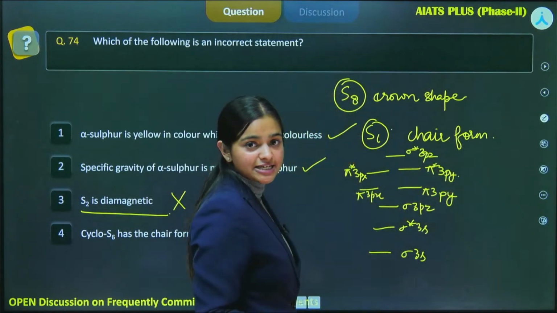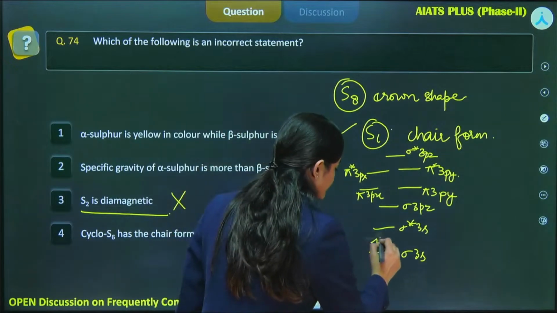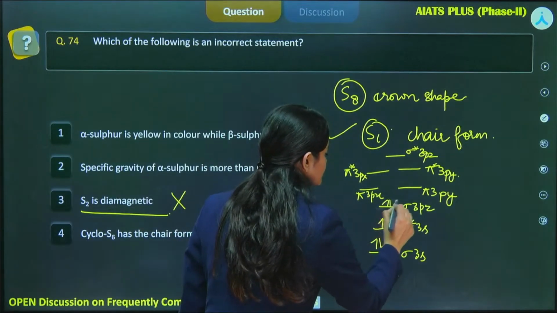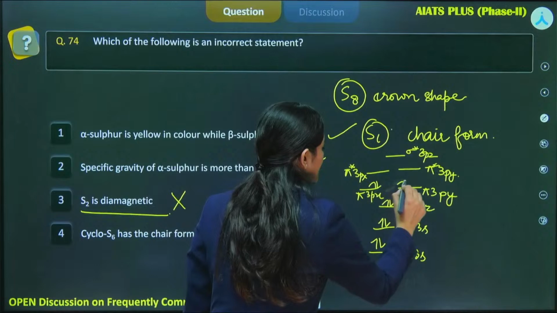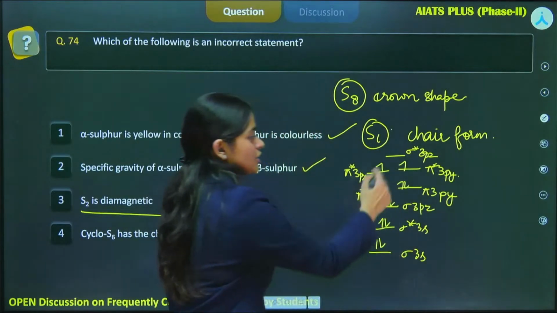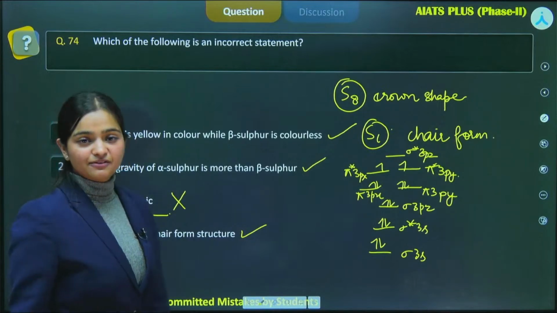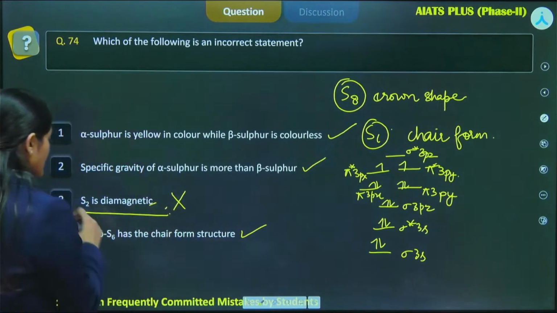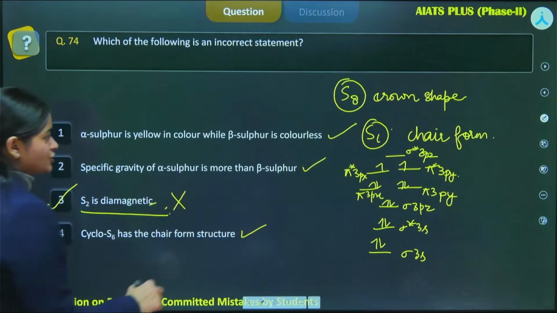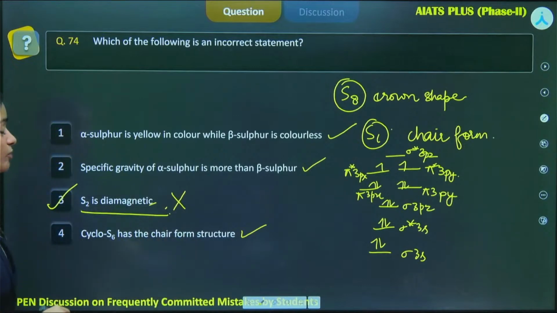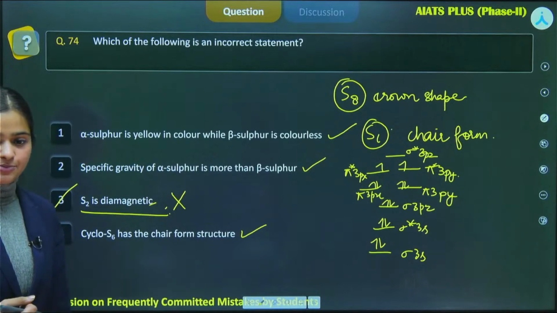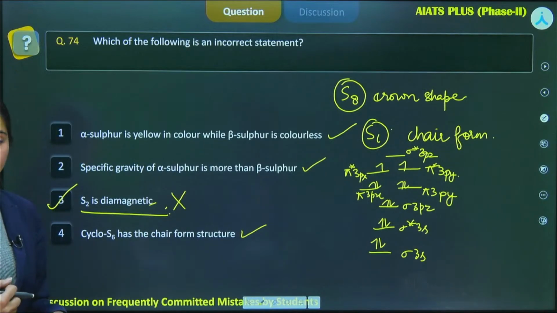So 12 valence electrons, how will we fill them? 2, 4, 6, 7, 8, 9, 10 and 11, 12. 2 unpaired electrons in pi star 3px and pi star 3py, right? So therefore it is not diamagnetic, it is paramagnetic in nature. So that marks option 3 as the correct option, that is, it is the incorrect statement. Okay, so now let's move on to the next question.